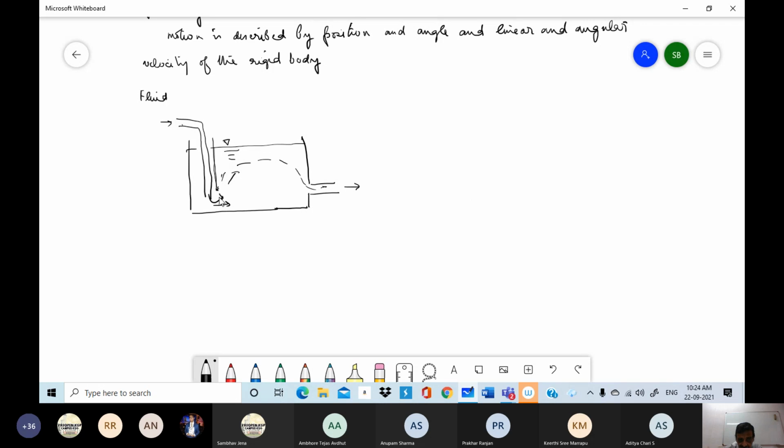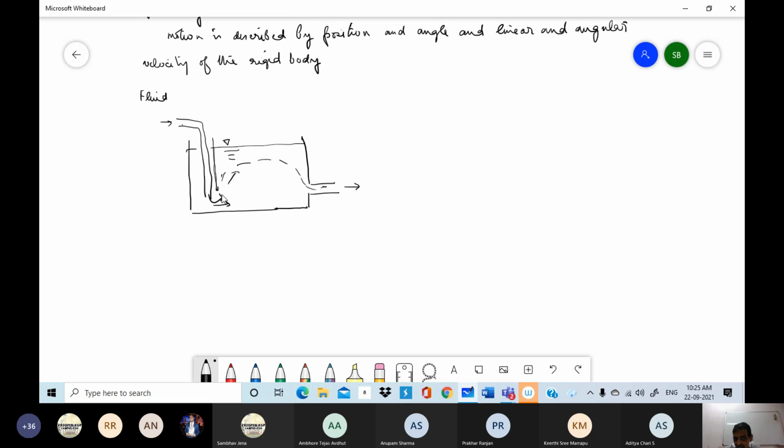Now, since it is a fluid, the relative position of different elements of the fluid does not remain fixed. If I consider a small element of fluid anywhere inside the fluid mass, the relative position of different elements does not remain fixed.